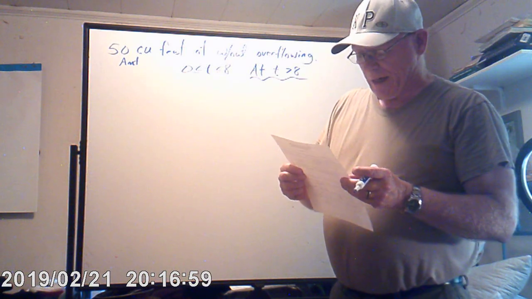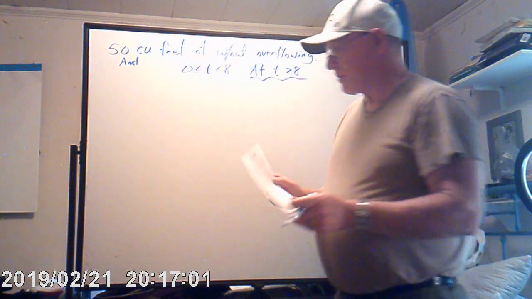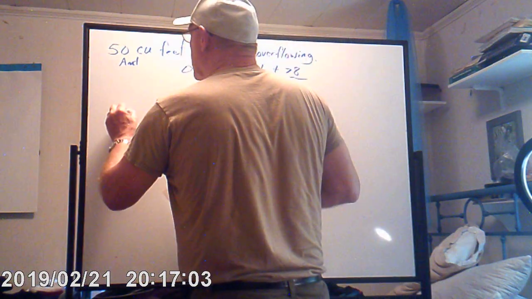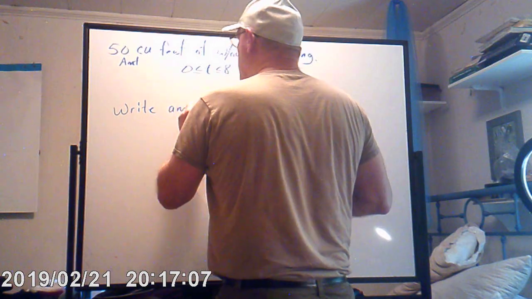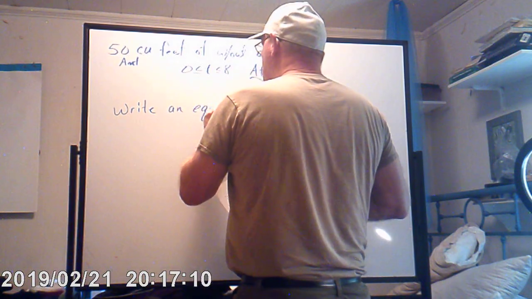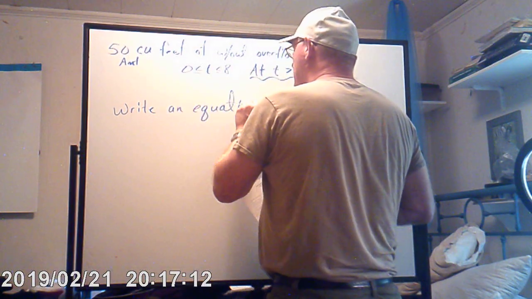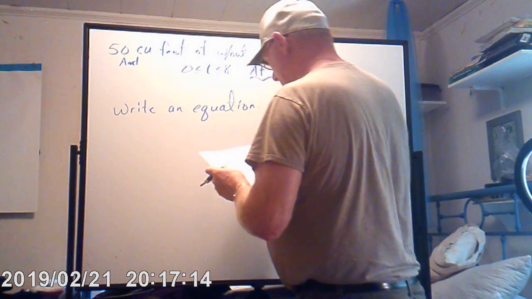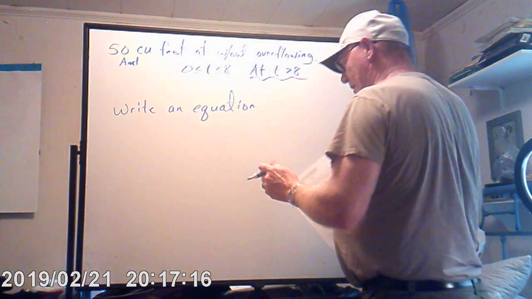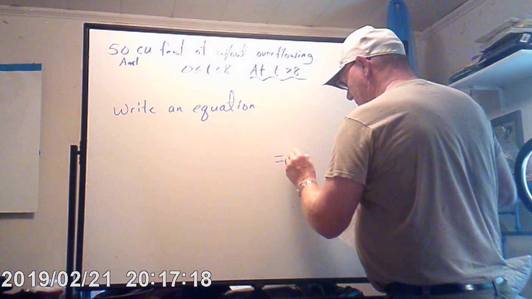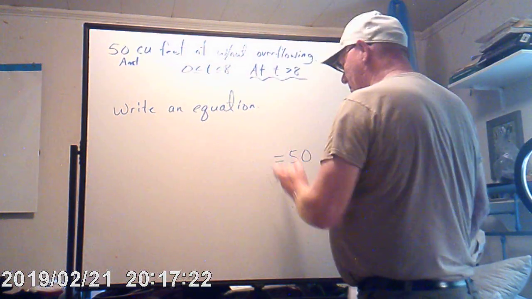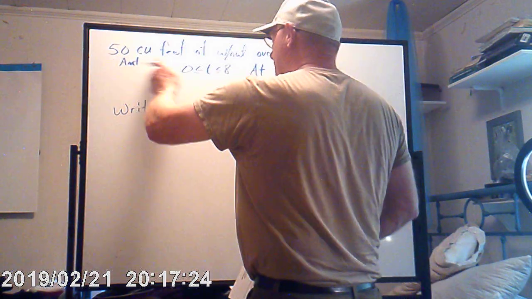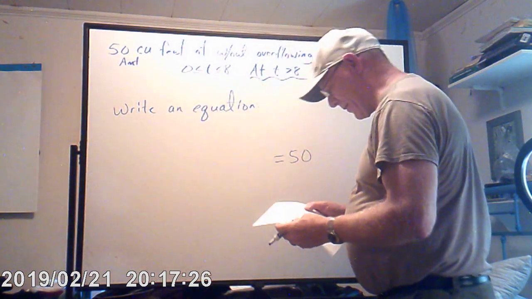Write but do not solve an equation. So we're wanting to write an equation. We know that the amount needs to be equal to 50, so we automatically should know that the amount is 50 right there.